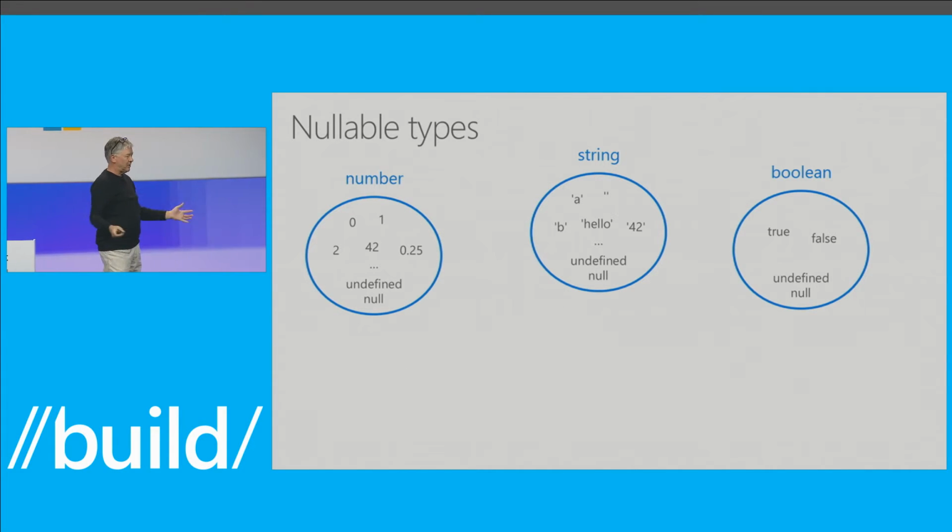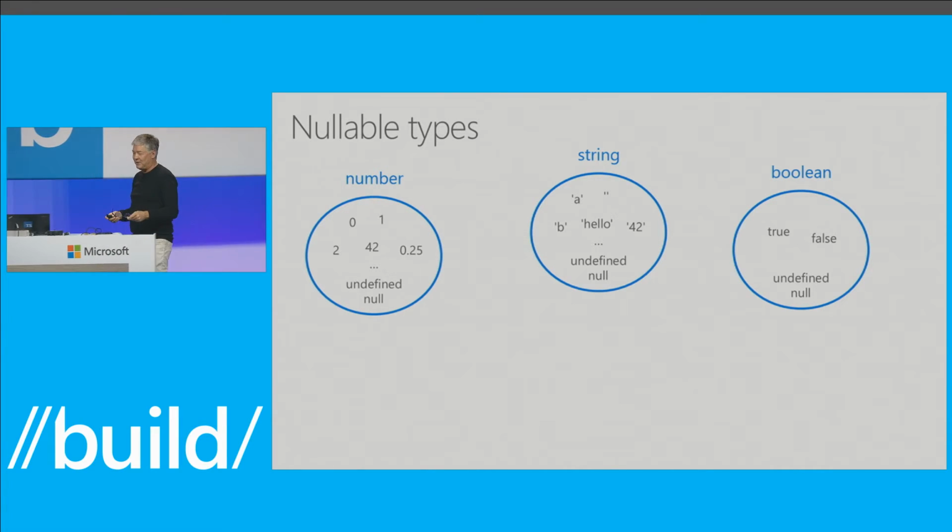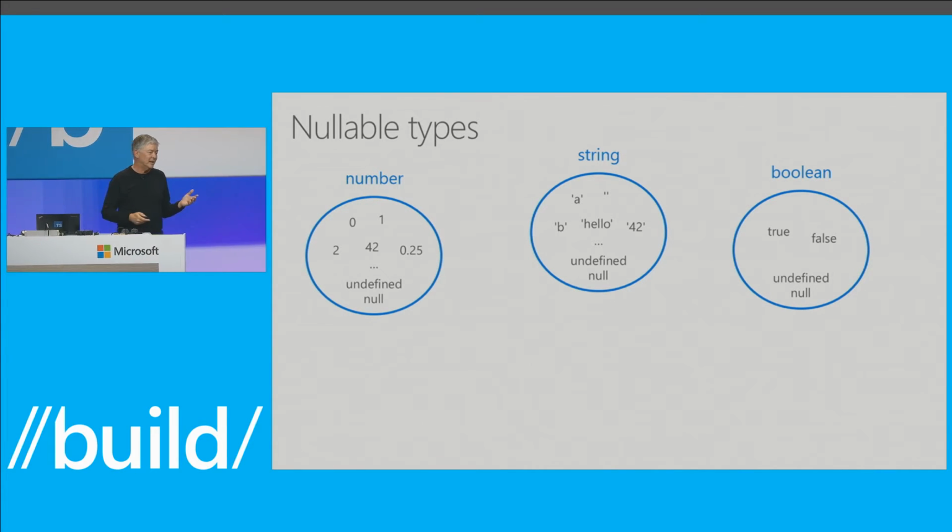All the numbers are the possible values of the number type, but also undefined and null. And the same is true for string and Boolean. In fact, for any TypeScript type you write, we say that null and undefined is a valid value that you can assign to it. And that means we can't check whether a thing is null or undefined or not, because we say that it's always okay. And that means there are certain things we can't check.